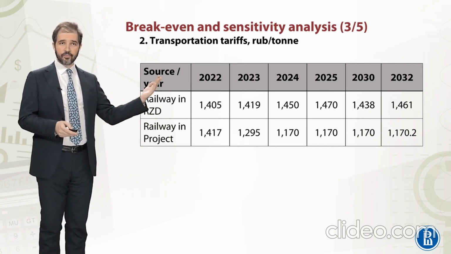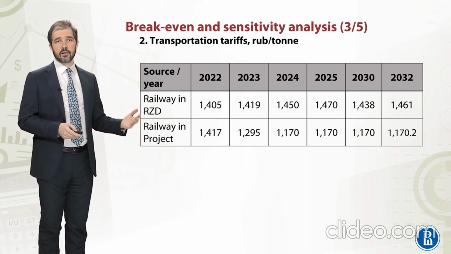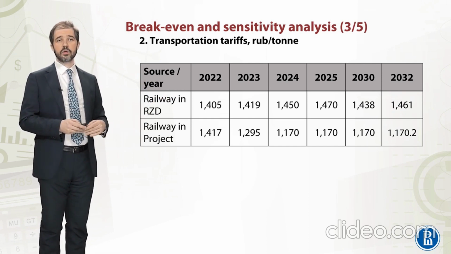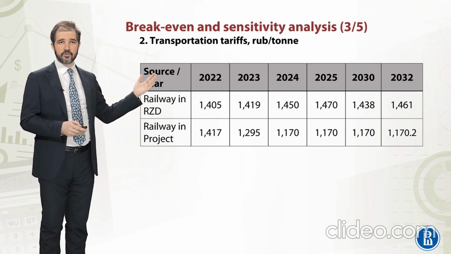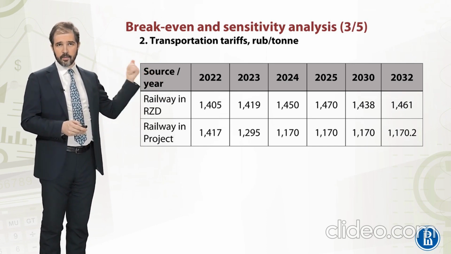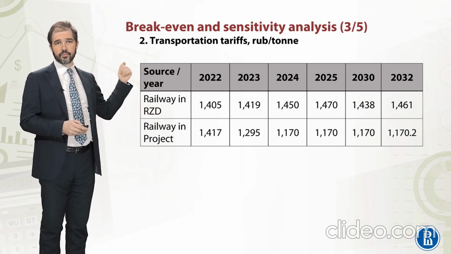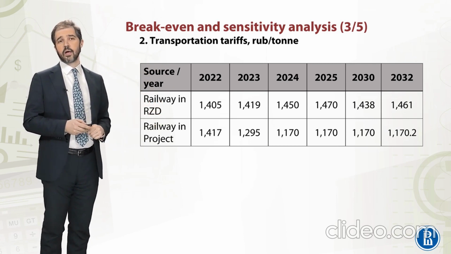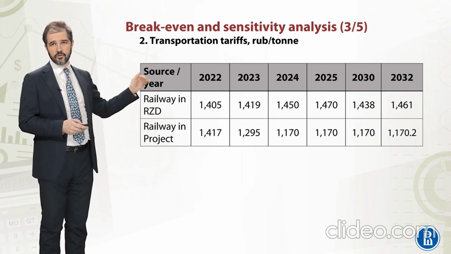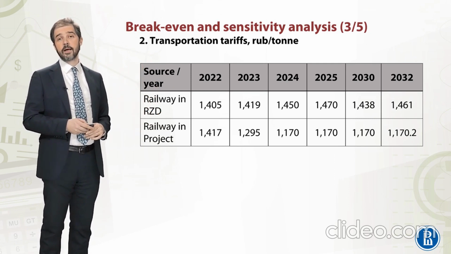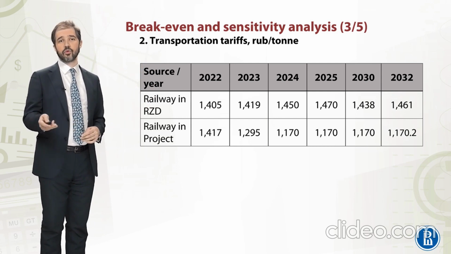For example, as we discussed, the story about transfer of the railroad: we see different tariffs when you transfer and when you keep the railway in your project, and probably different expenses. This will be useful for you.